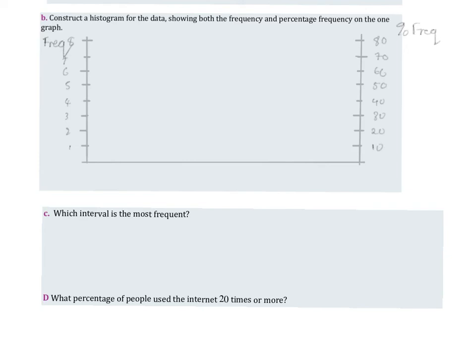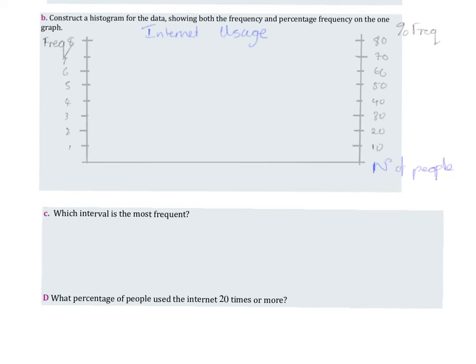I do need to give my graph a heading. Let's get into the habit of doing that, and I'll do that in a different colour so that we can see it. It is the internet usage that we are graphing here. Okay, and let's start. Don't forget to label this bottom axis here. So this is the number of people.